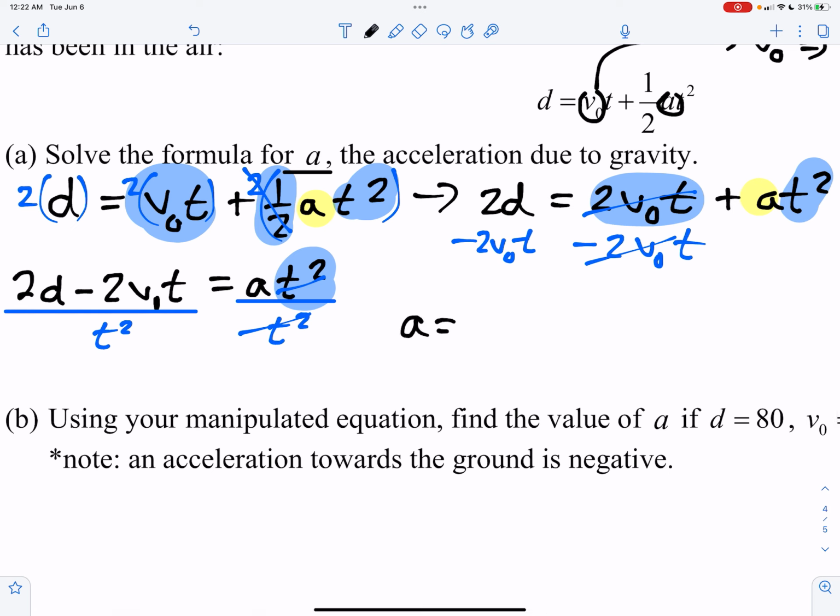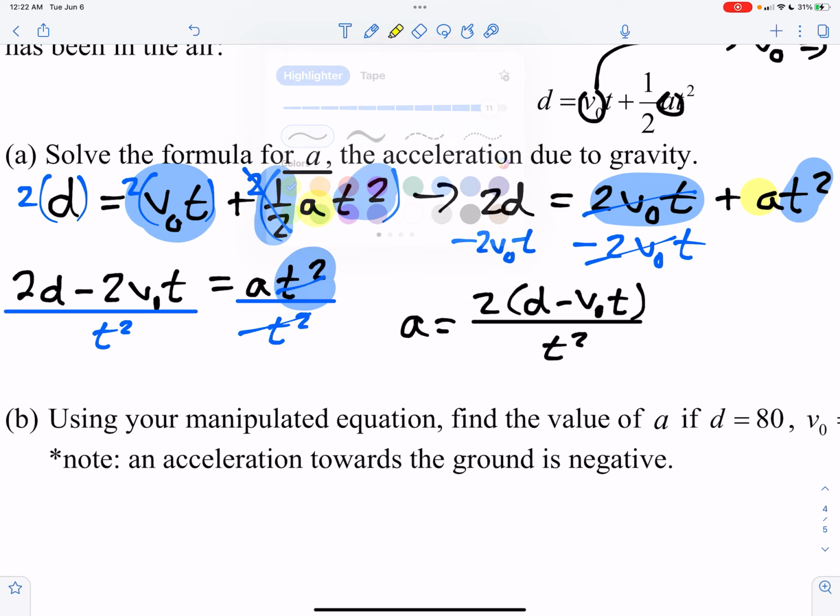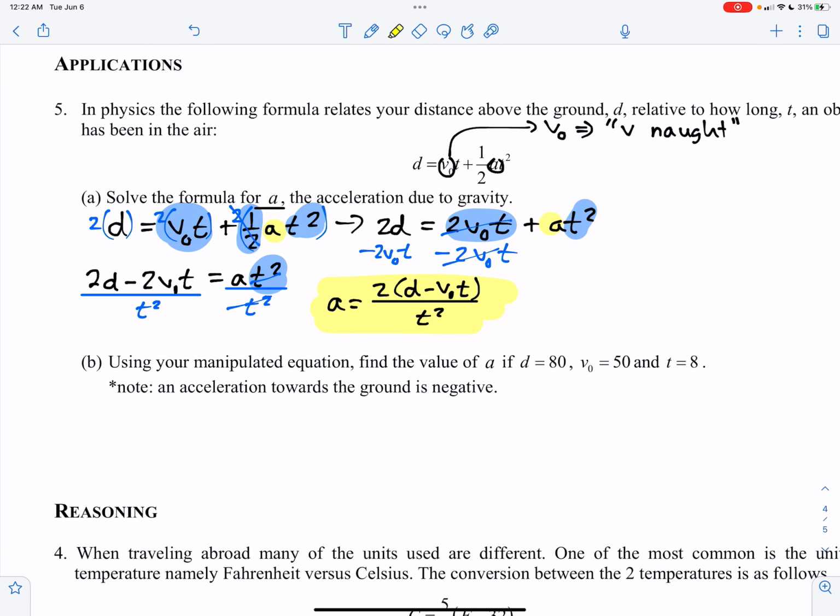So A, and I can even factor out a 2 right here, 2, and then what's left over is D minus V naught T, and that's all over T squared. So there's our equation that's been rearranged for A, the acceleration due to gravity.